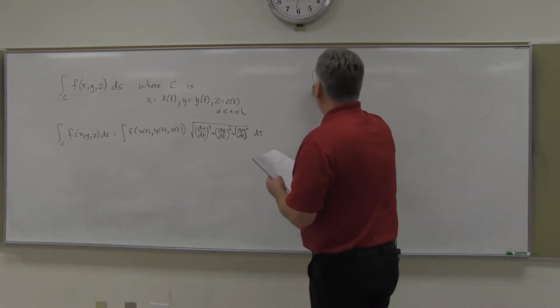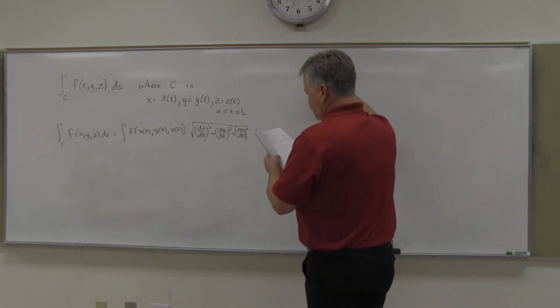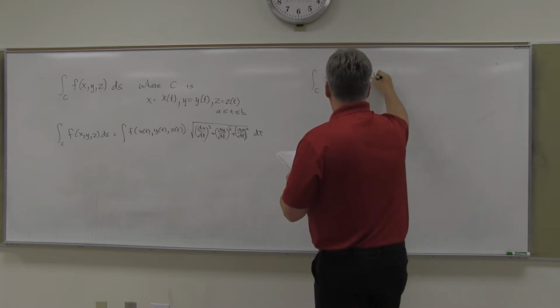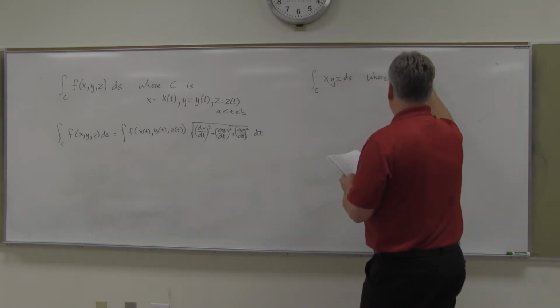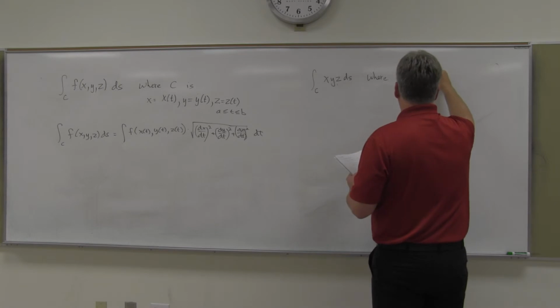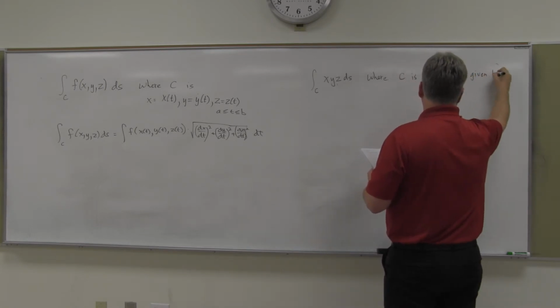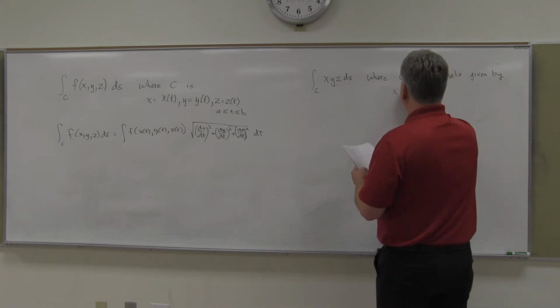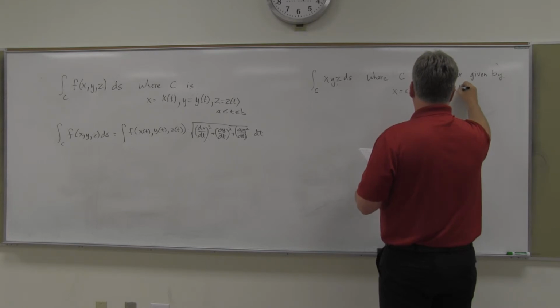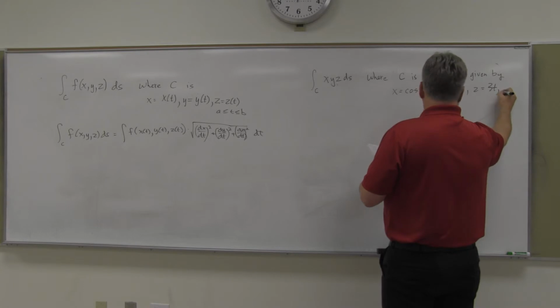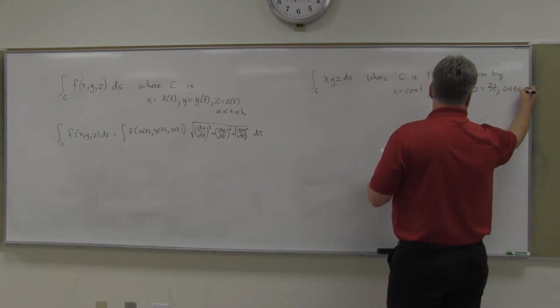All right, so here's one. Line integral over C of xyz ds, where C is the helix given by x equals cosine t, y equals sine t, z equals 3t, and t is 0 to 4 pi.